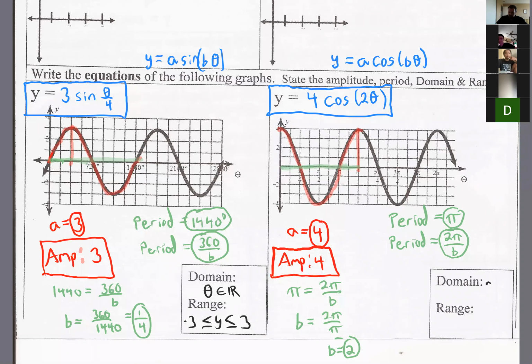And then for the range, using the amplitude or using A, the opposite of A is the lower boundary, and A is the upper boundary. So from -4 to 4. Okay, so anything else before I clear this screen off?